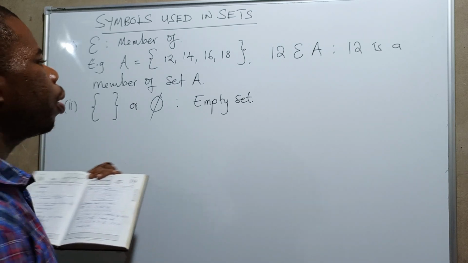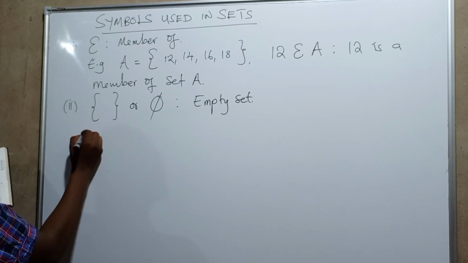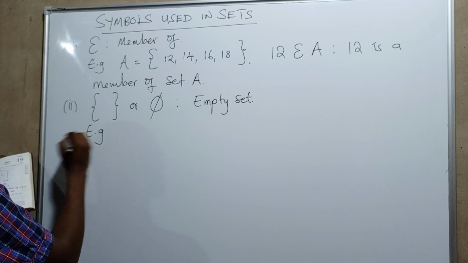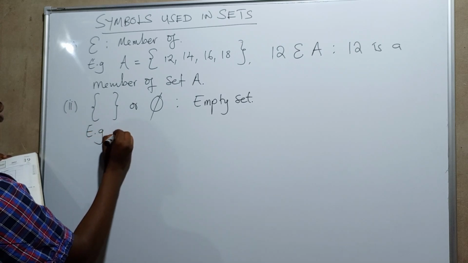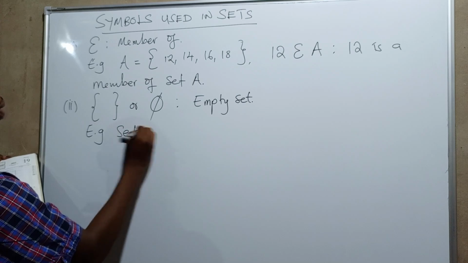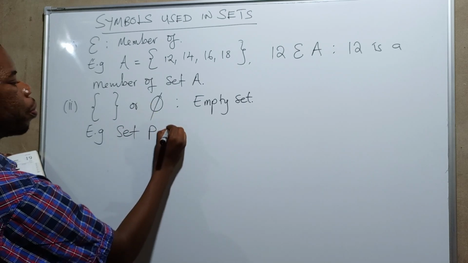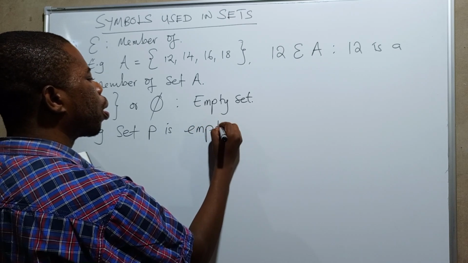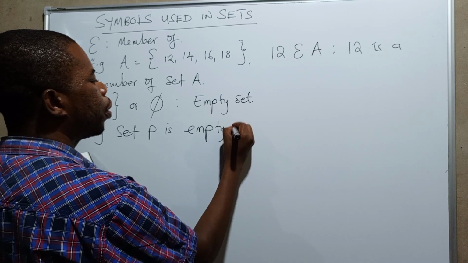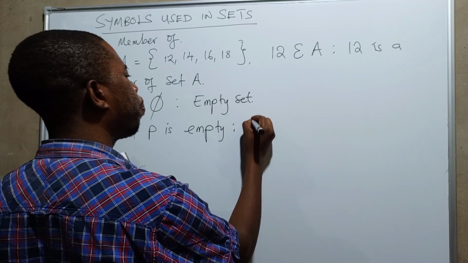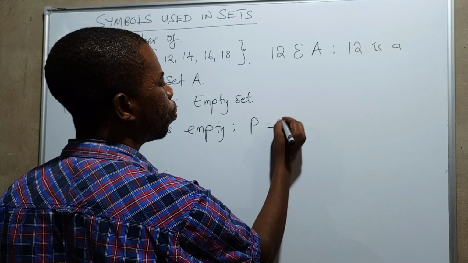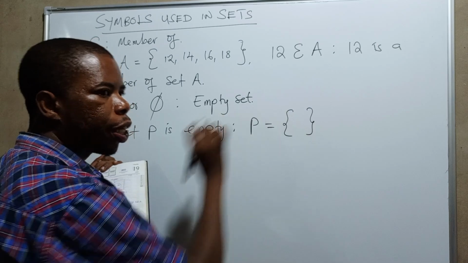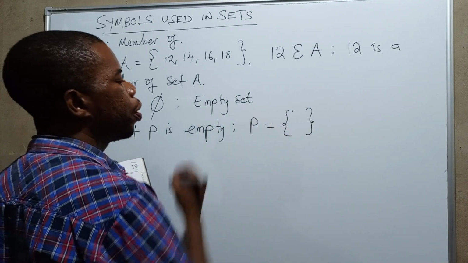So for example, if I have set P which is empty, where it says set P is empty, I can write it like this. P is equal to, I write the curly bracket, another one, like that. I put nothing inside there. It means set P is empty.